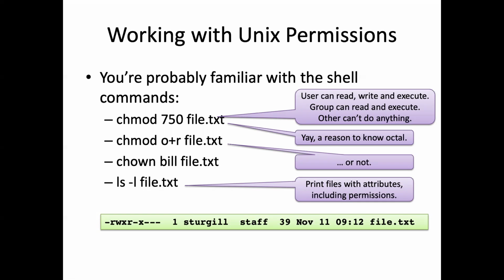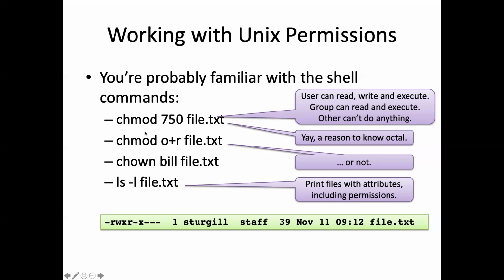And this is, for me, one reason it's handy to know octal. The owner bits, the group bits, and the other bits are each 3 bits, and octal makes it easy to specify bits in groups of 3.